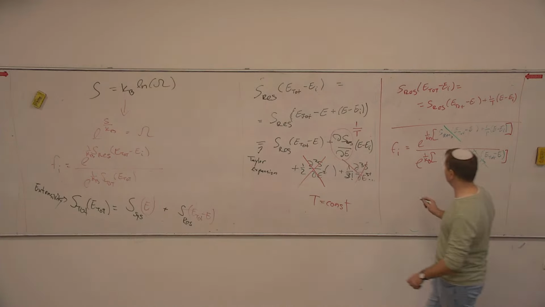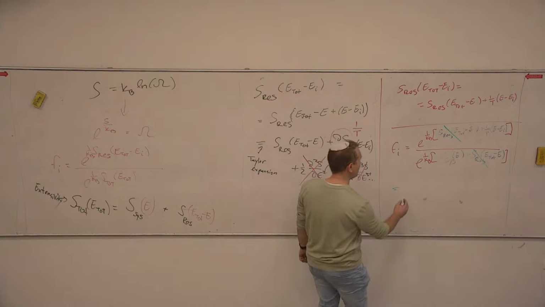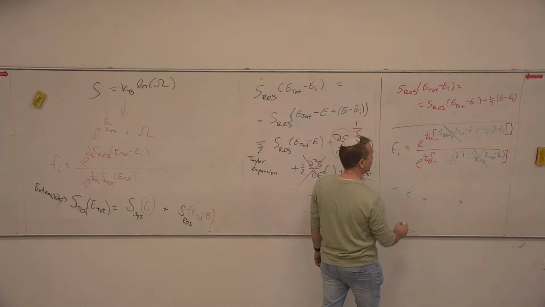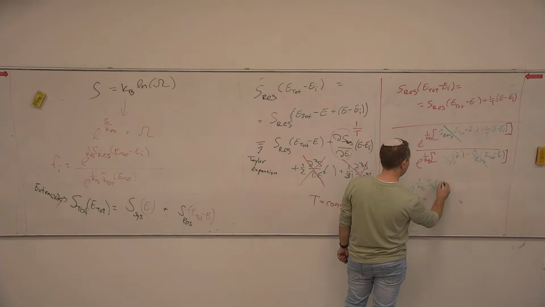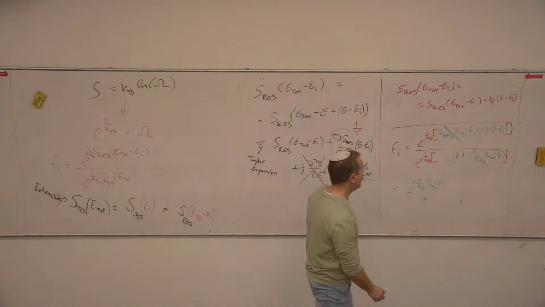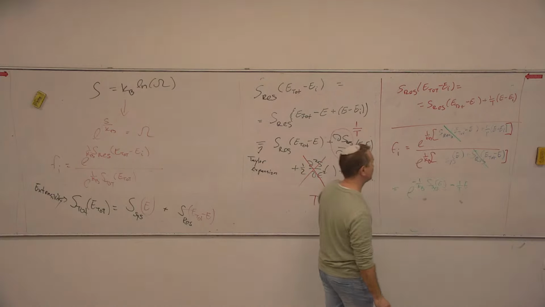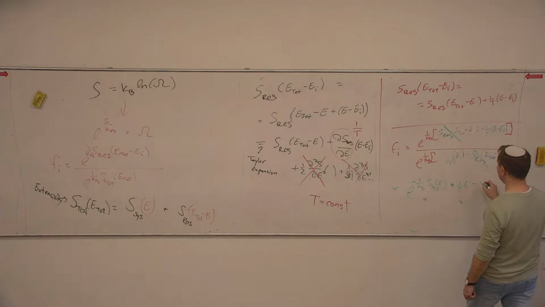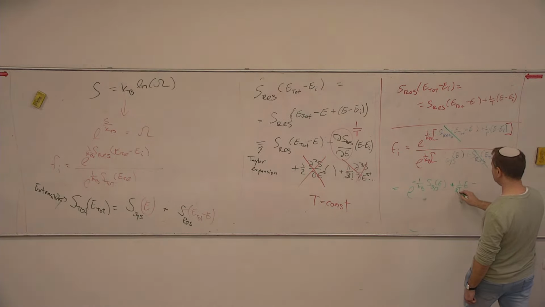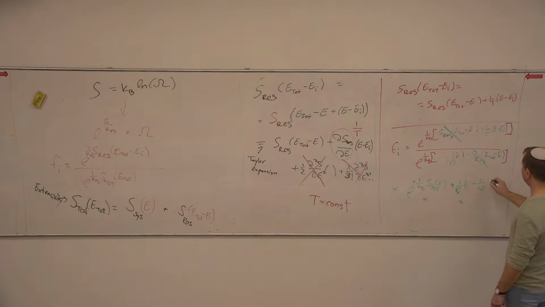Okay, and we are left with, let's put everything in the denominator and not look at the fraction. We have 1 over k Boltzmann, S system at E, minus 1 over T E, and we have minus 1 over k Boltzmann T Ei.